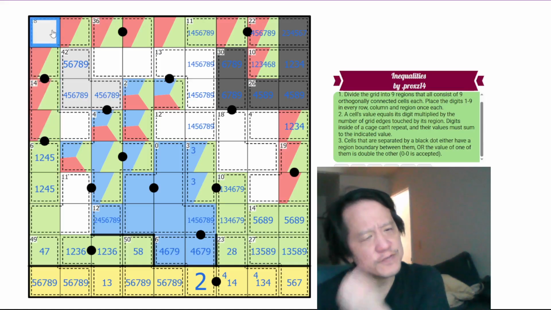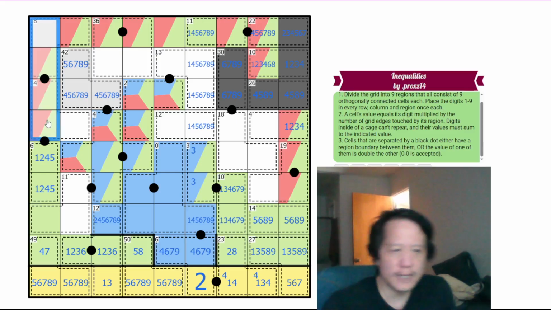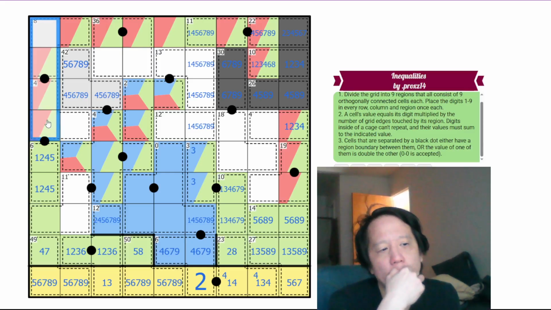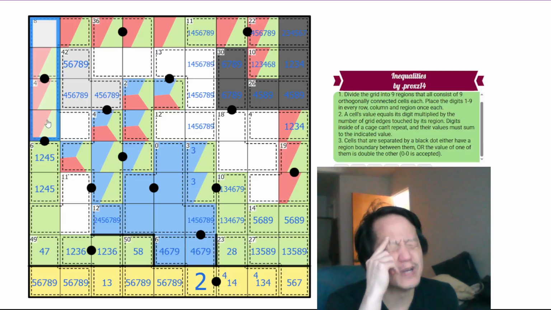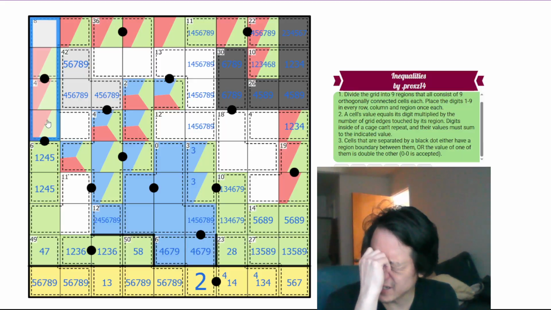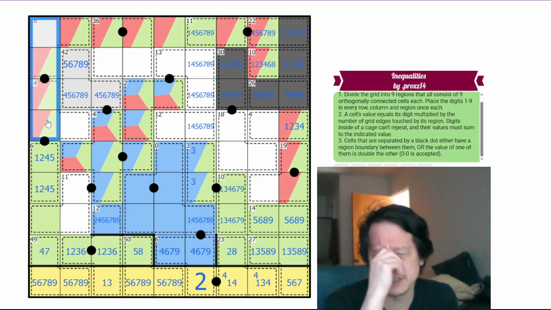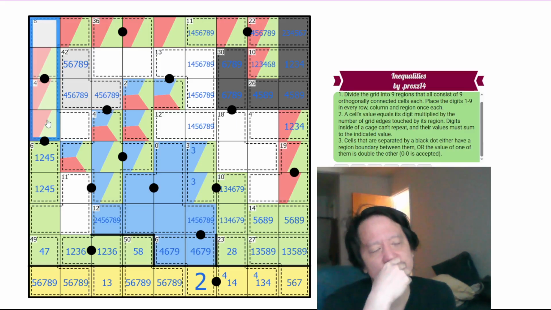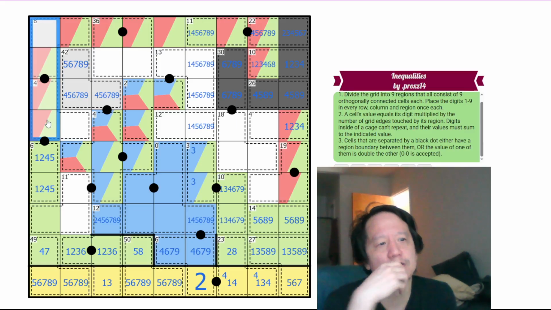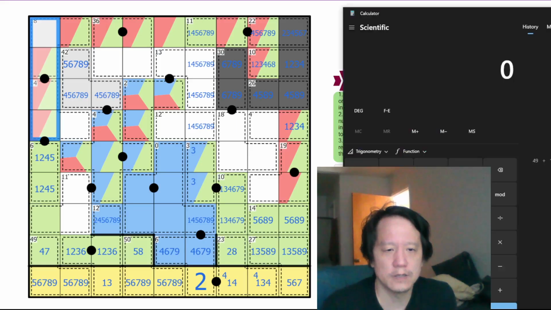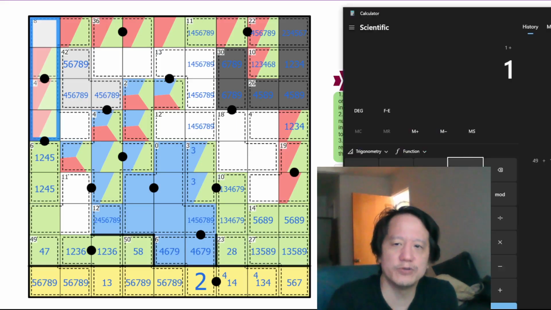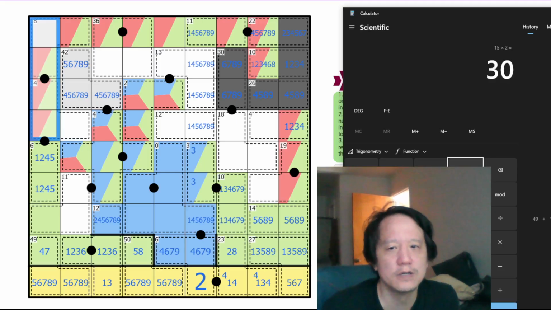What happens if all of these are double? Then we have 1, 3, 5, 6 or 2, 3, 4, 6 as minimums for the doubling value. 1 plus 3 plus 5 plus 6 is 15 times 2 is 30.